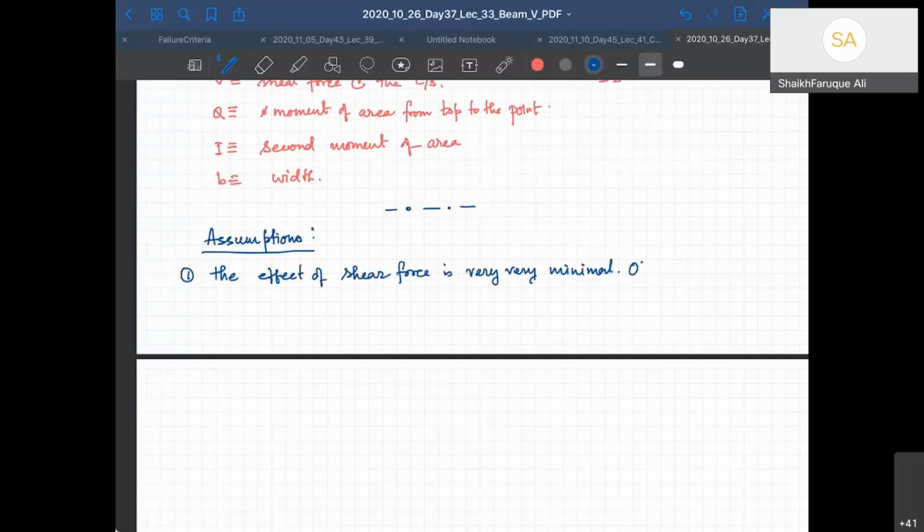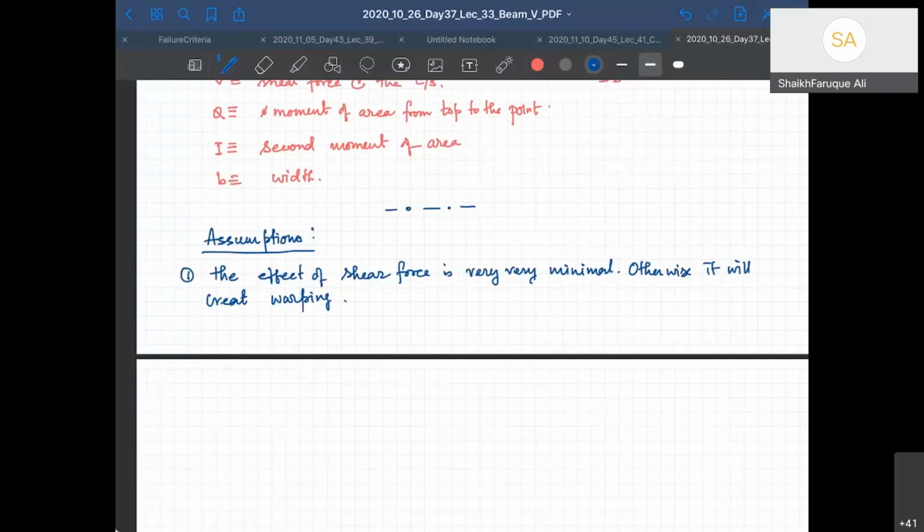Otherwise it will create warping. So that's one thing we need to understand and remember.